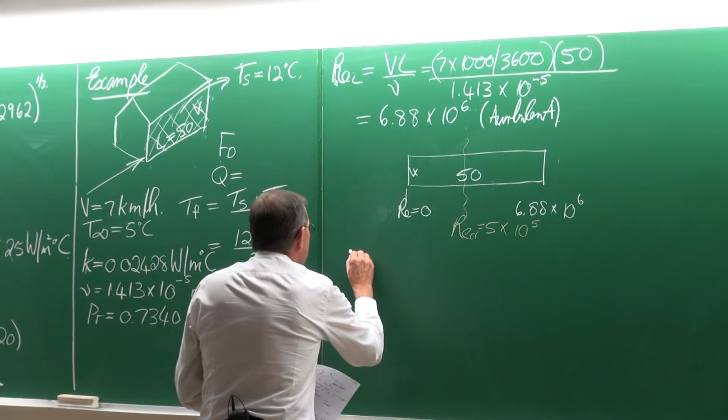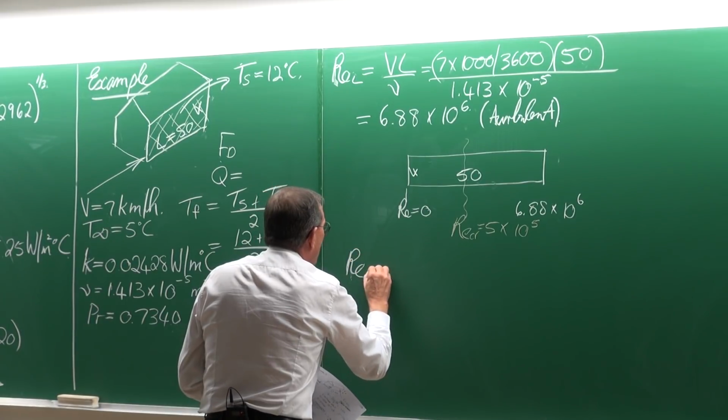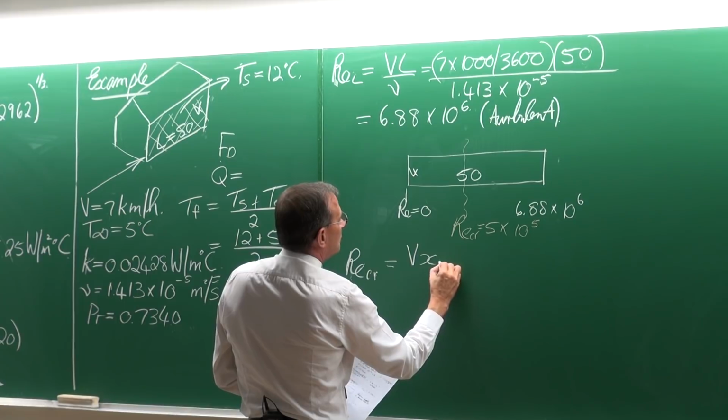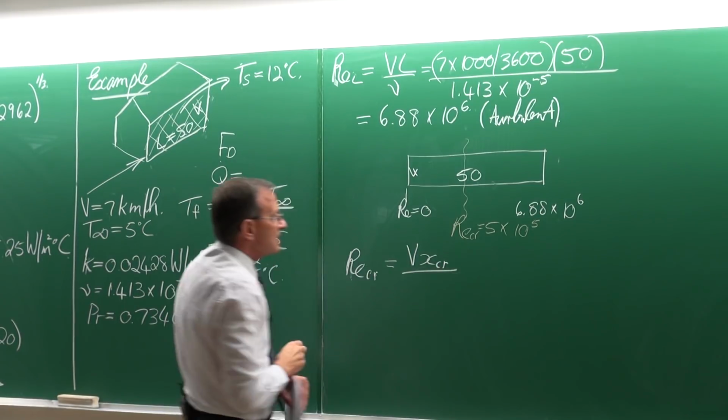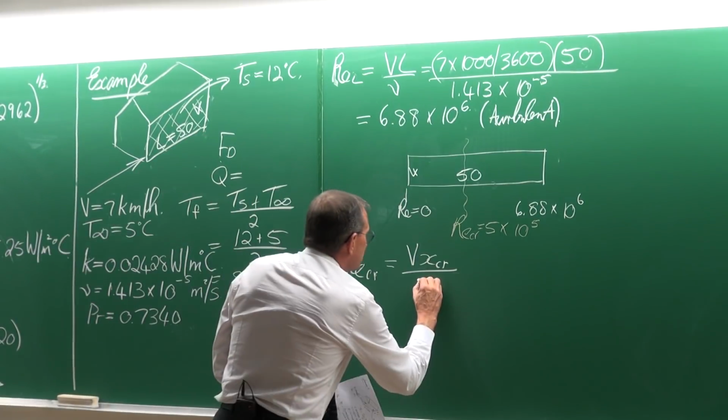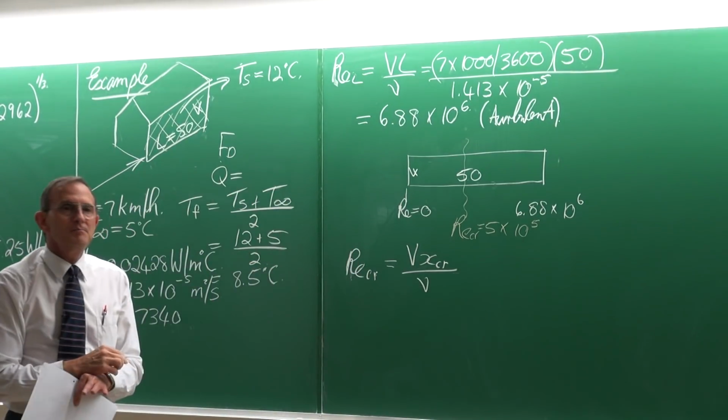So we can say the critical Reynolds number is equal to the velocity multiplied by xcr, the critical length, divided by the kinematic viscosity.